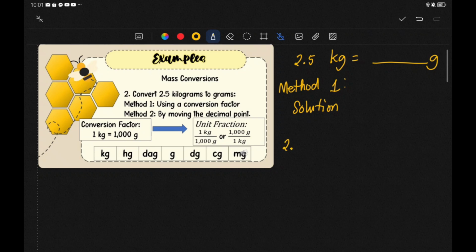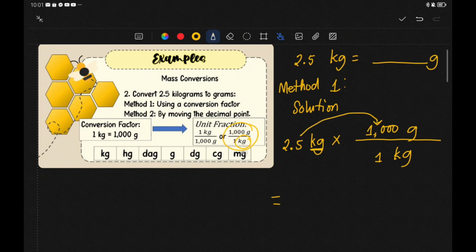So, this is 2.5 kilograms times the unit fraction for this one, which has kilogram as its denominator, which is our unit here. So, this is 1,000 grams over 1 kilogram. Again, multiply 2.5 times 1,000.